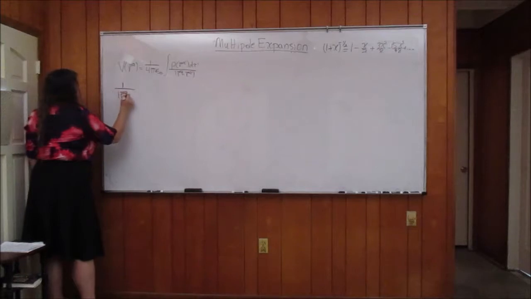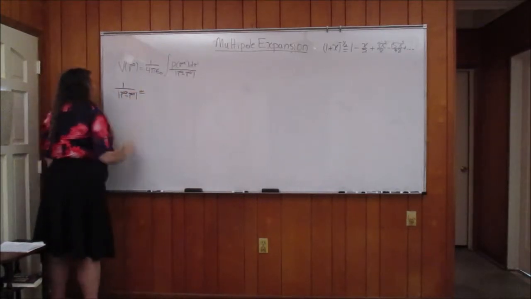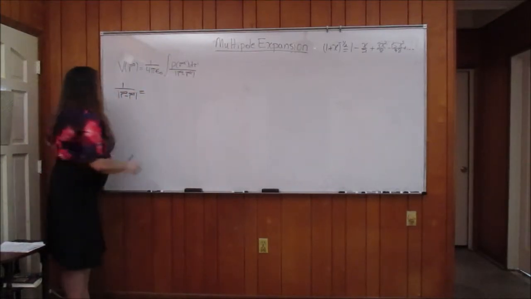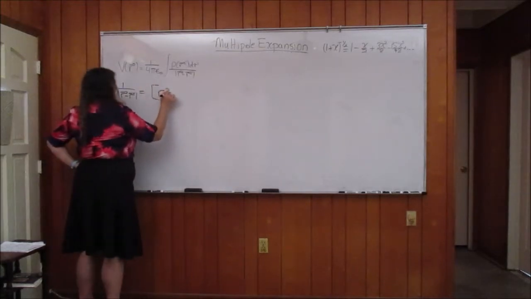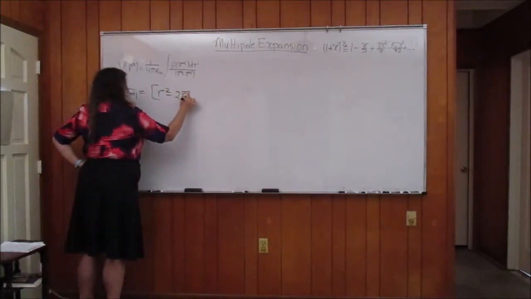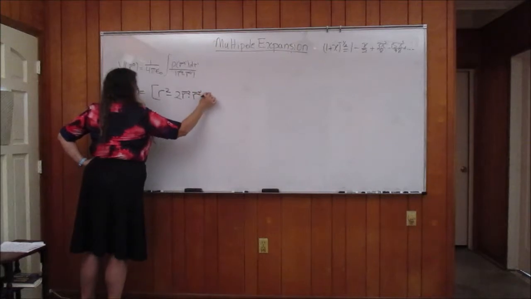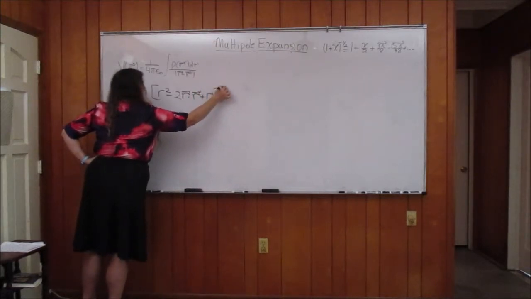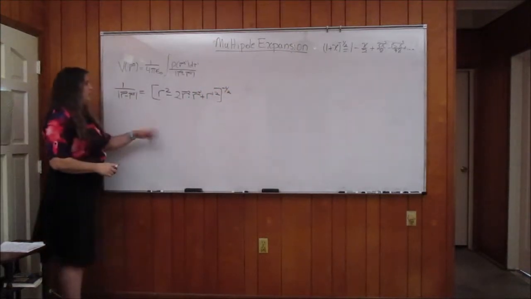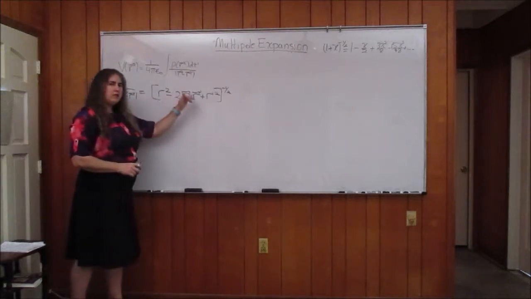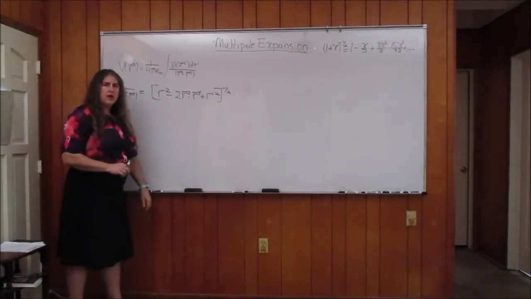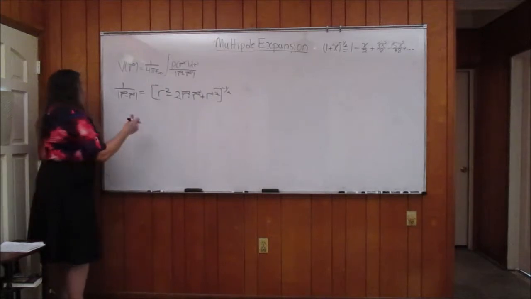Basically, the approximate expression for the dipole, I'm going to make an expansion of 1 over the magnitude of the separation vector. And I'll write this as 1 over the square root of r squared minus 2 times the dot product of r and r prime plus r prime squared.